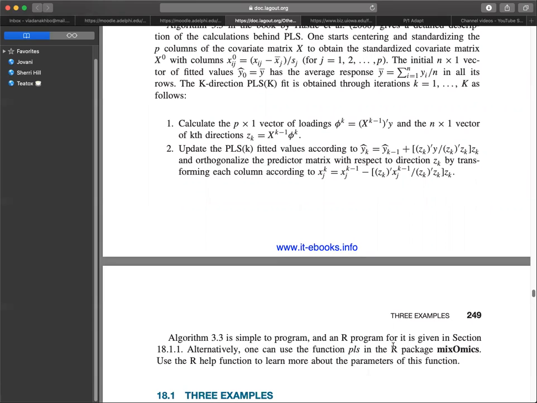Update the PLS k fitted values according to Yk hat equals Yk-1 hat plus Zk prime Y over Zk prime Zk times Zk, and orthogonalize the predictor matrix with respect to the direction Zk by transforming each column according to Xj^(k) equals Xj^(k-1) minus Zk prime Xj^(k-1) over Zk prime Zk, all times Zk.